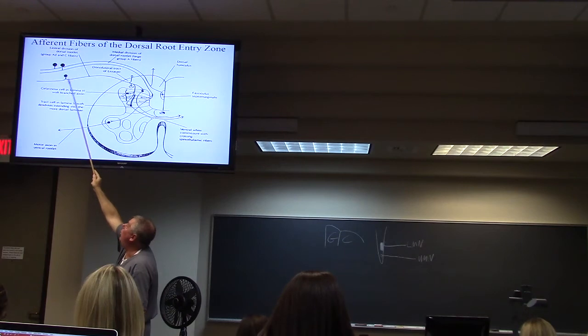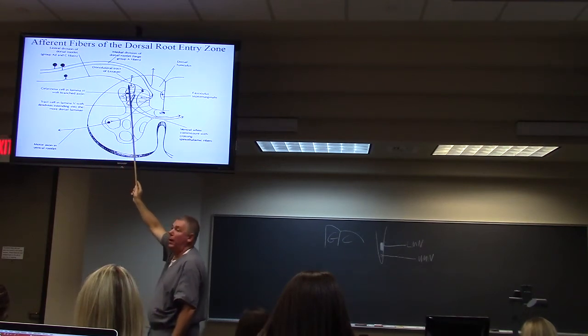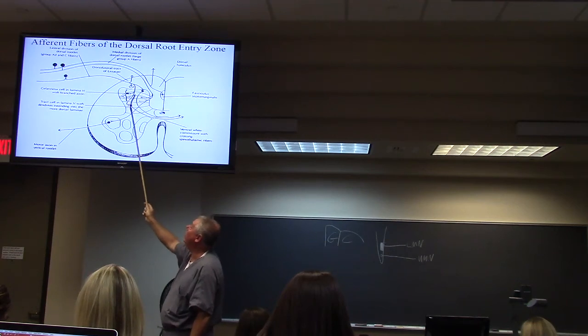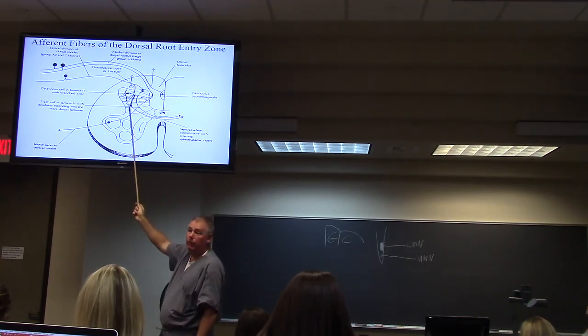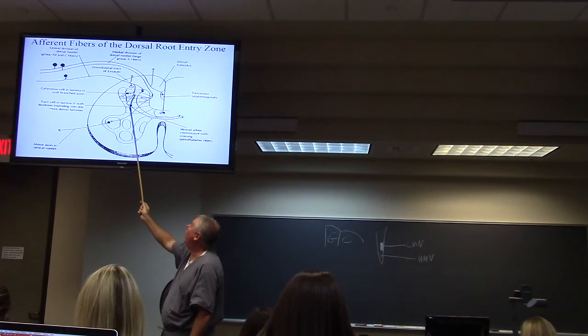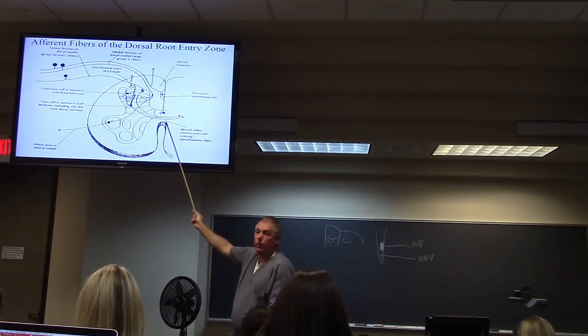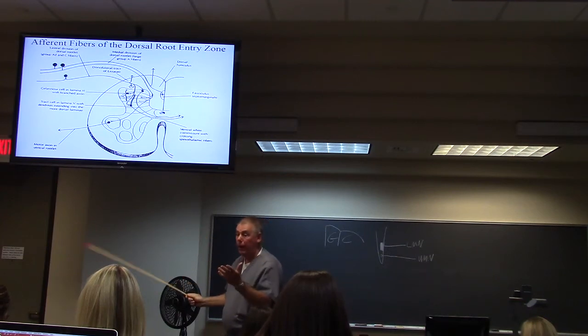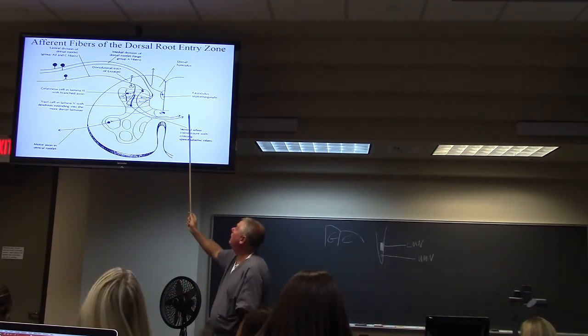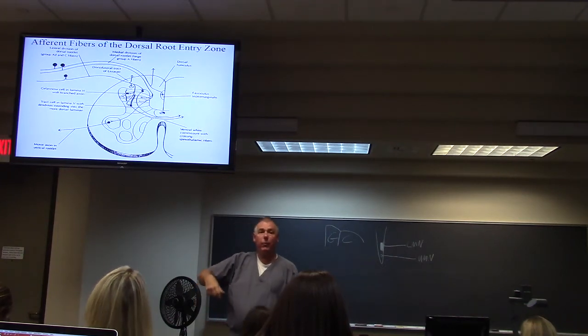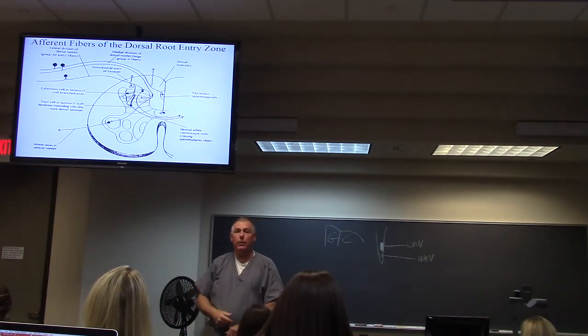So the first order spinothalamic tract neuron synapses on the second order fiber that crosses in the midline, in what's called the ventral white commissure of the cord, to go to the spinothalamic tract on the other side. So the spinothalamic tract will carry it up.